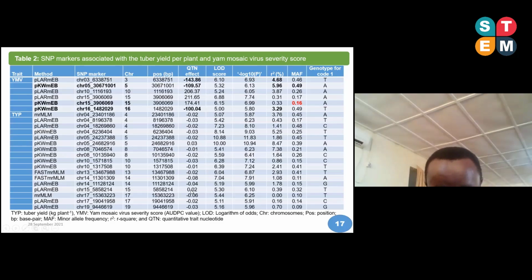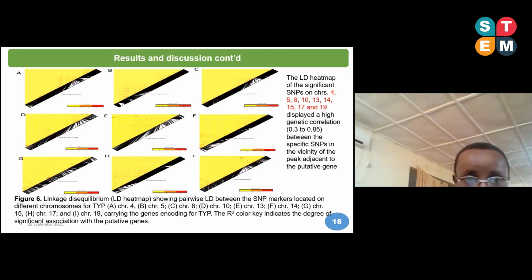So there are a few of those. Then when we look at the one by pillar MEB, is 0.02, then of course its contribution is 0.39. So otherwise, most of the markers identified in this particular study exhibited negative quantitative trait nucleotide effect.